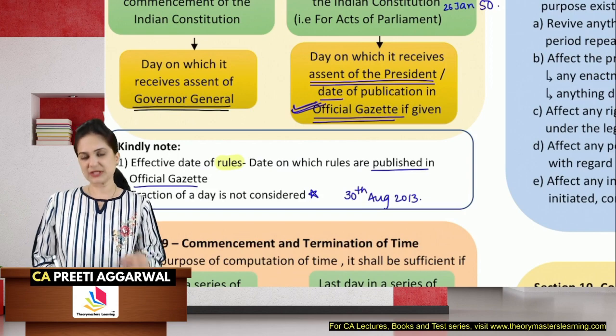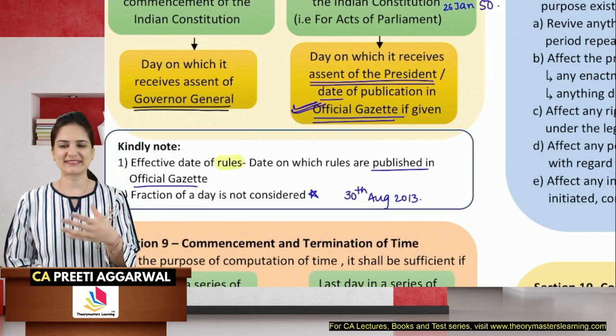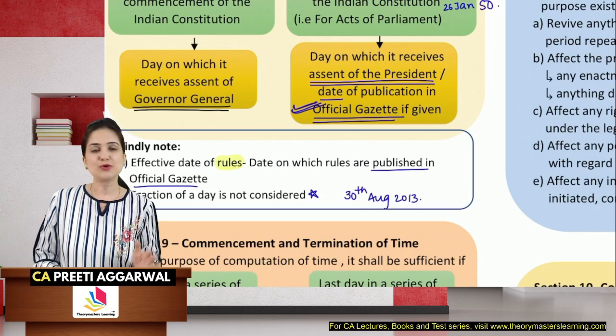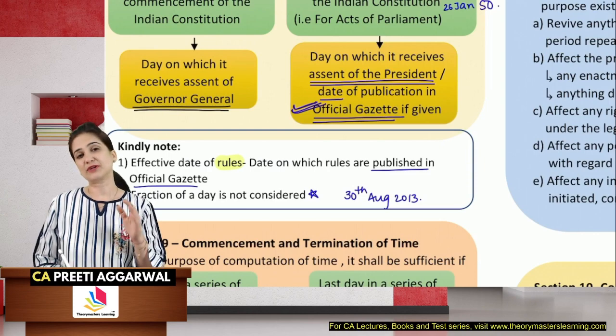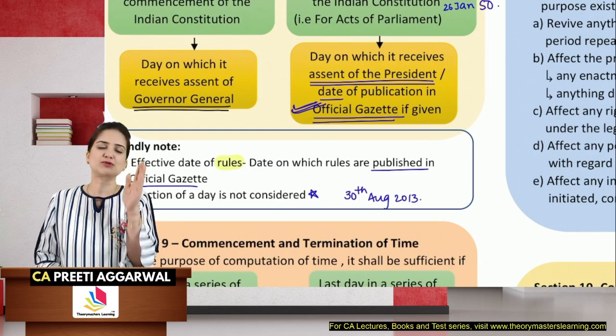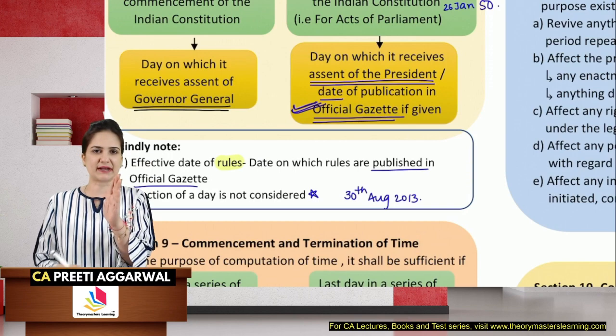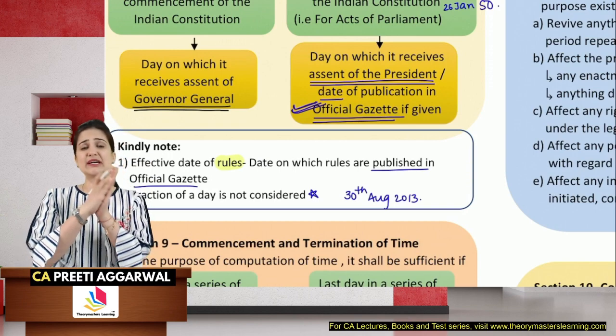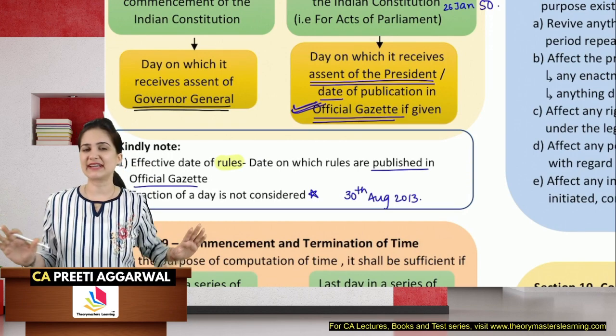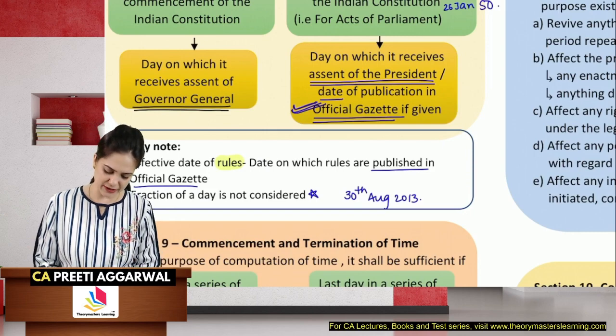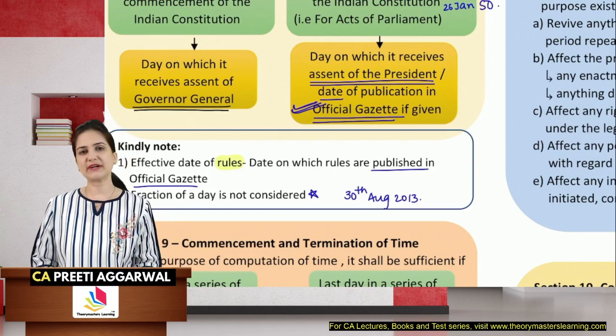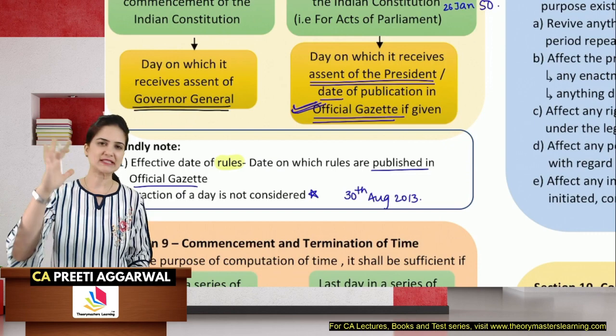The notice may appear on the website at, let's say, 11 o'clock in the morning. So you can't say that the act has come into force from 30th August at 11 o'clock. No, as soon as the clock strikes midnight, as soon as it is 30th August, that is the day from which the act comes into force.